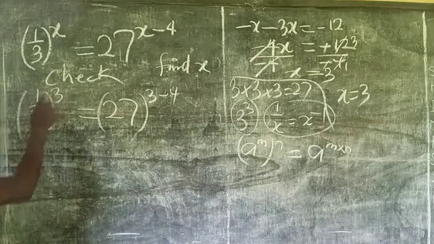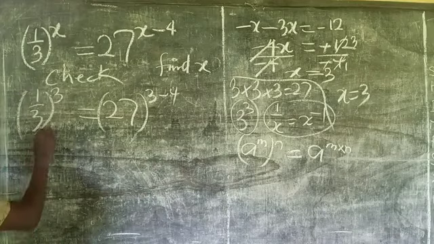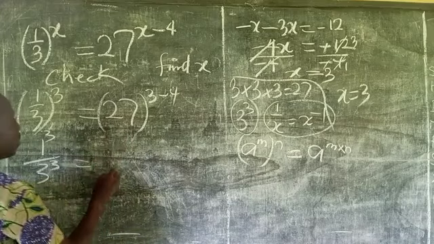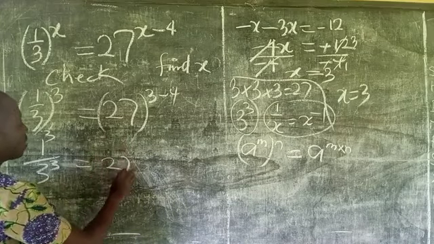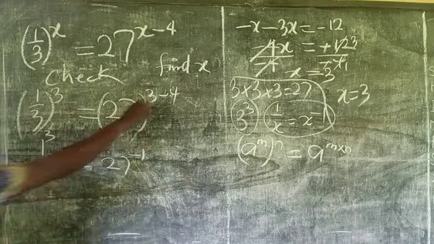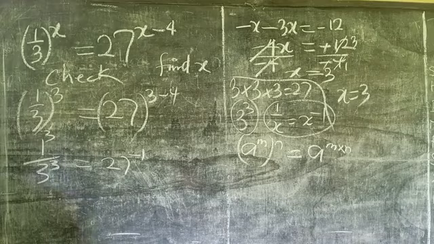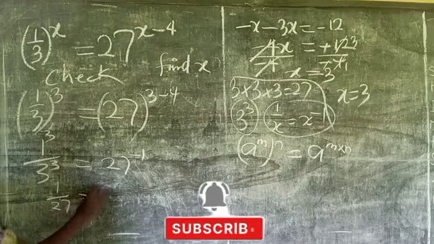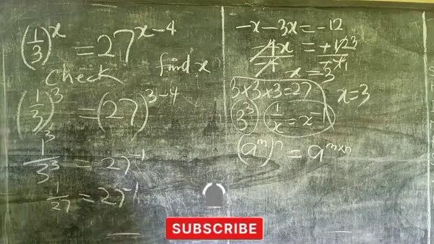The left side can be written as 1 over 3 raised to the power 3. And on the right, 3 minus 4 is minus 1, so we have 27 raised to the power minus 1. So 1 raised to the power 3 is 1, all over 3 raised to the power 3, which is 27, equals 27 raised to the power minus 1.